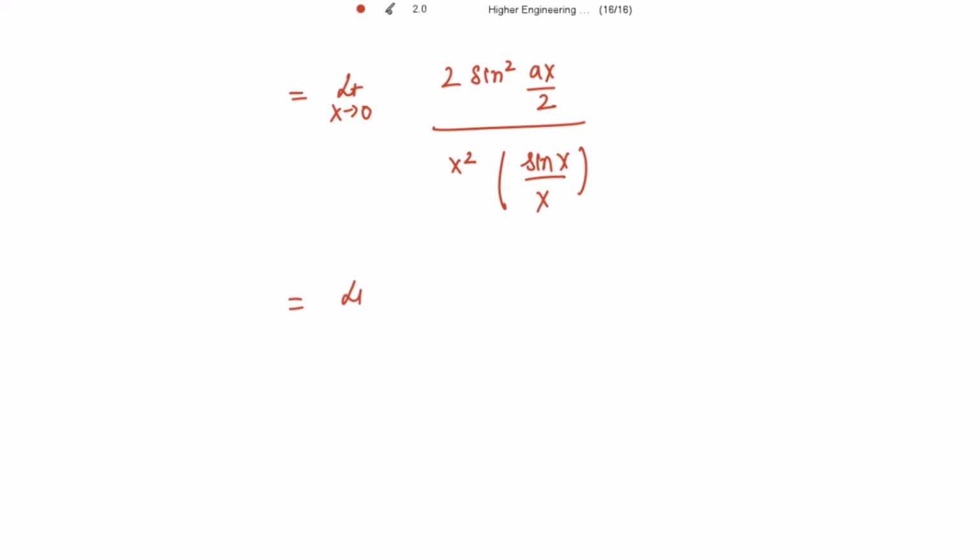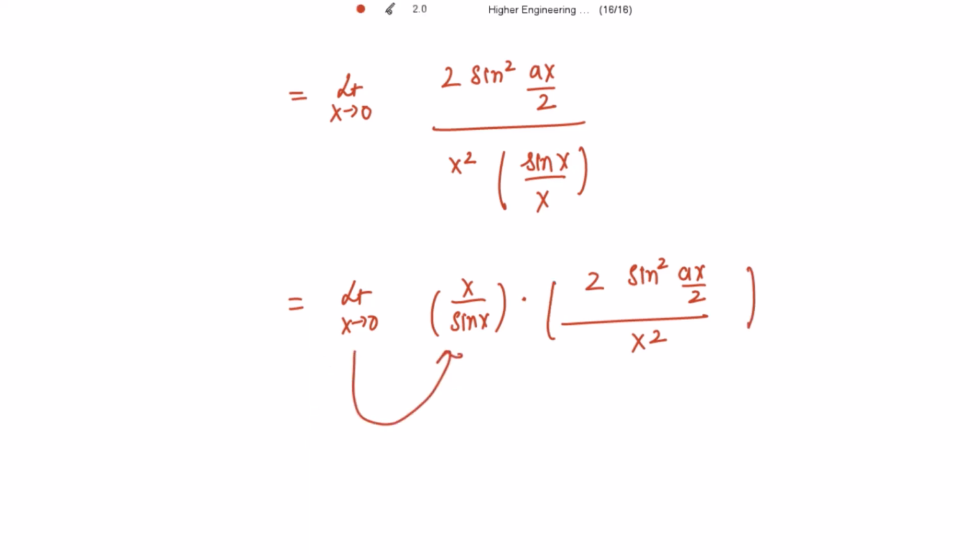Let me write this as x divided by sine of x into twice of sine square (ax divided by 2) divided by x square. So this is equal to limit on the first bracket multiplied by limit on the second bracket.